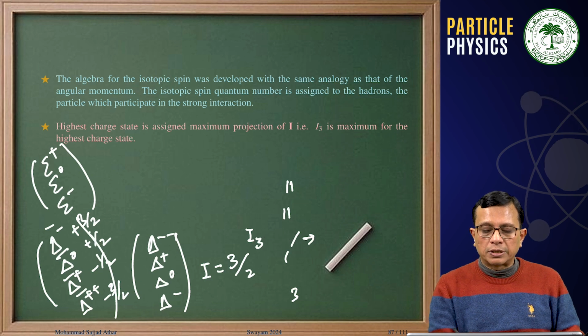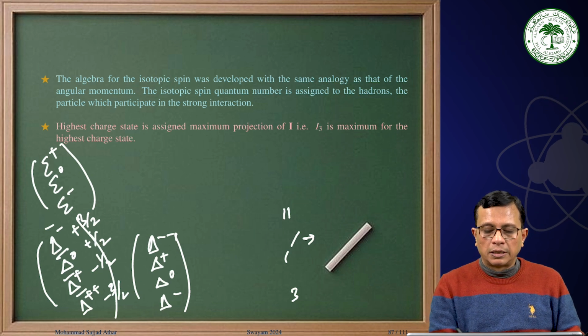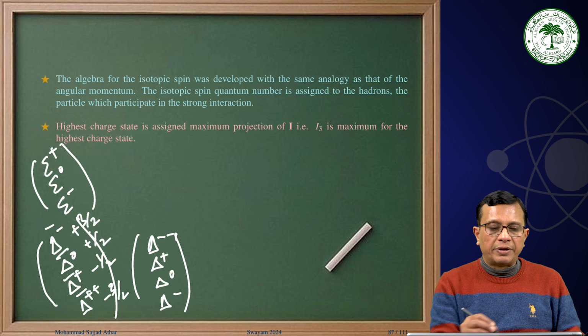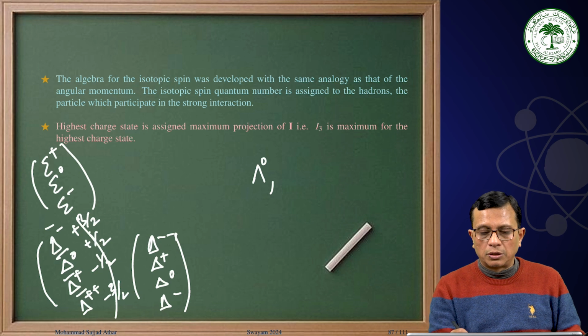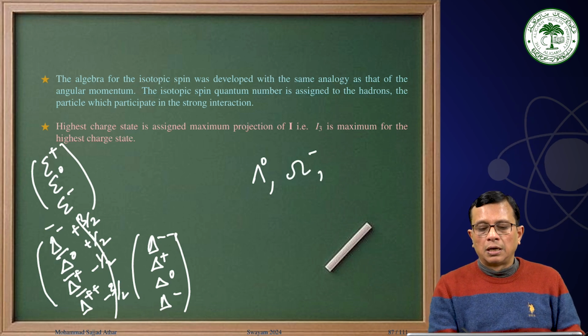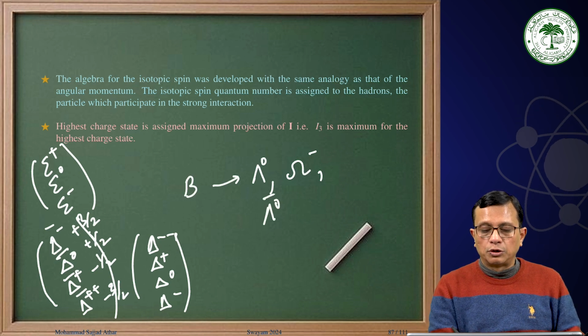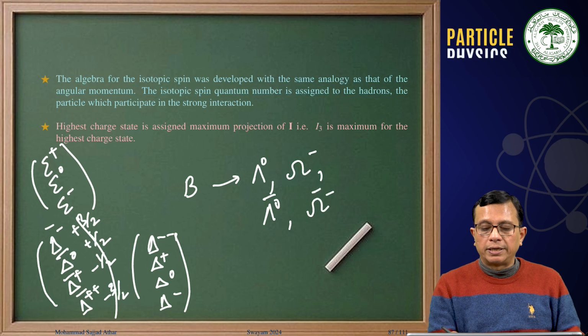What are the examples of singlet? Like we have discussed in one of the classes, it is lambda 0 and omega minus. If you consider baryons, similarly you have lambda 0 bar and omega minus bar.